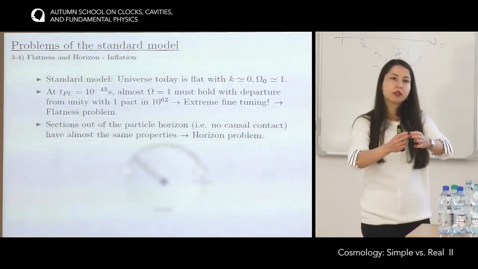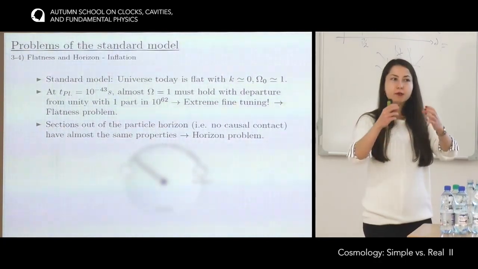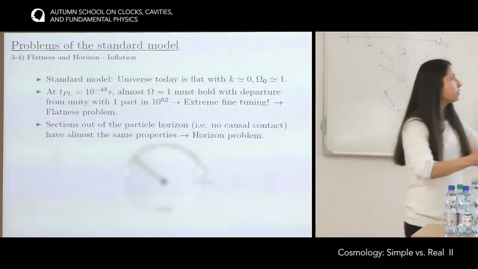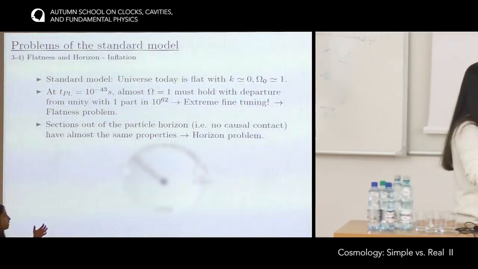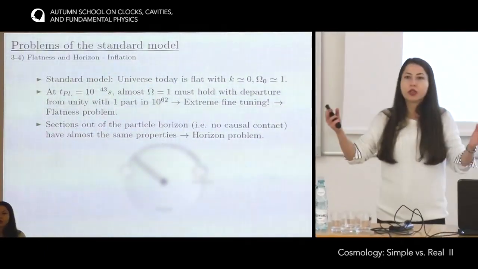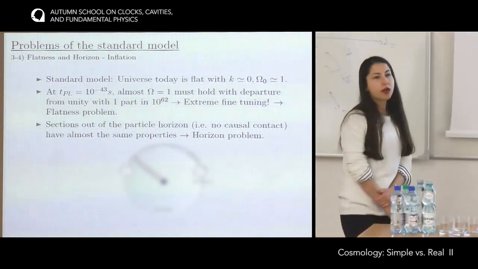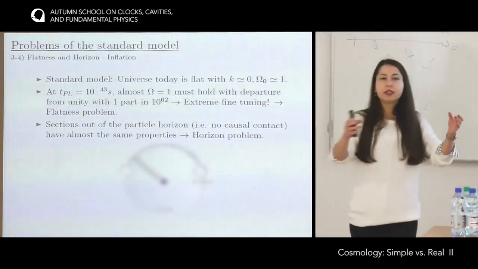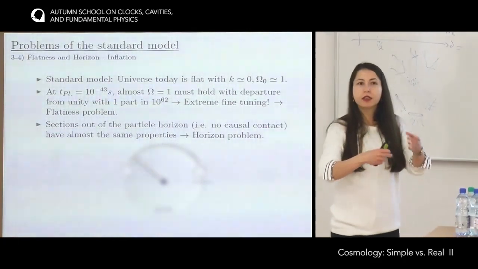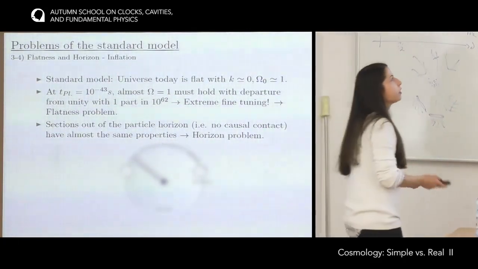That doesn't make sense, because the data shows that the distribution is almost the same over the sky. This is called the horizon problem: regions which weren't in each other's particle horizon have the same properties.